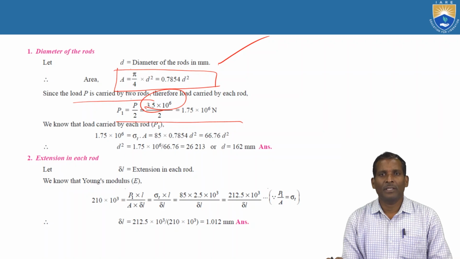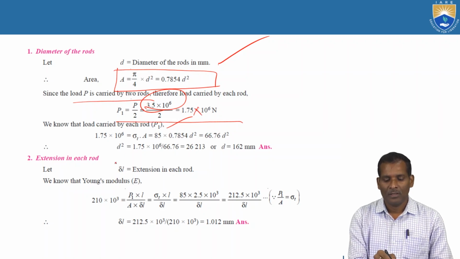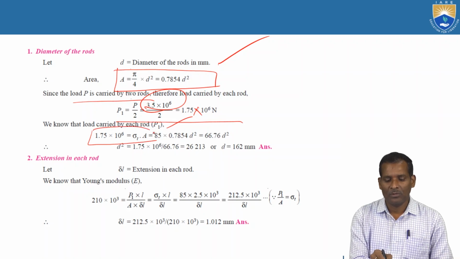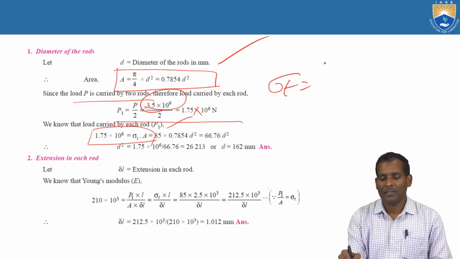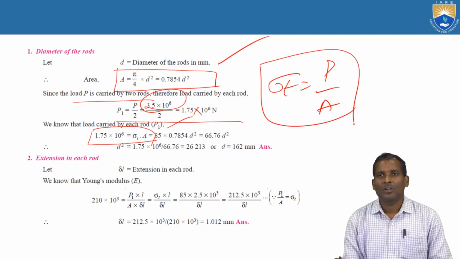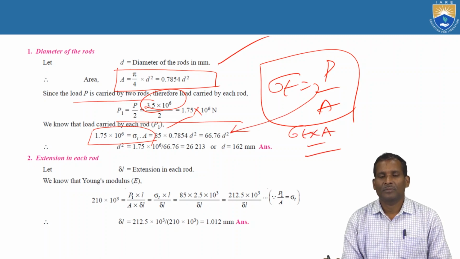The load carried by each rod is P1, 1.75 into 10 to the power 6, is equal to sigma T into A, as per stress, load per area.